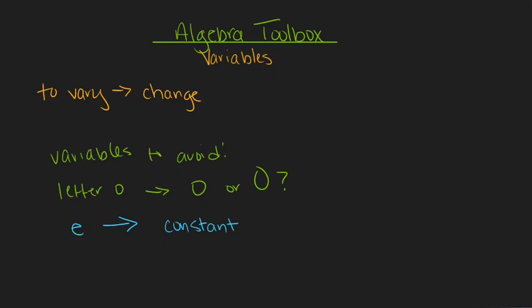And then finally, the last letter that we want to avoid is the letter I. This is because i is, again, in higher level math, representative of a particular concept already. So i is short for an imaginary number, and it's specifically showing us the square root of -1.